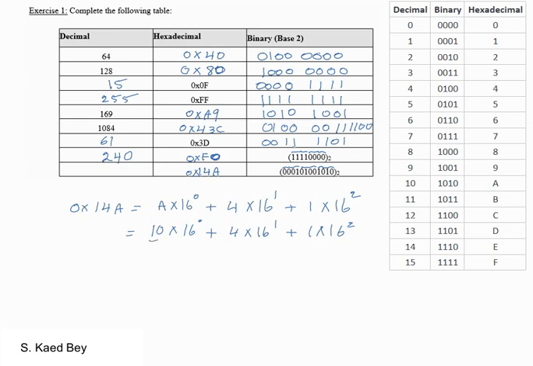So this is a 10 times 1, so that's 10. 4 times 16 is 40 and 24, 64. And 16 squared, 256. Adding those together, we get 330.